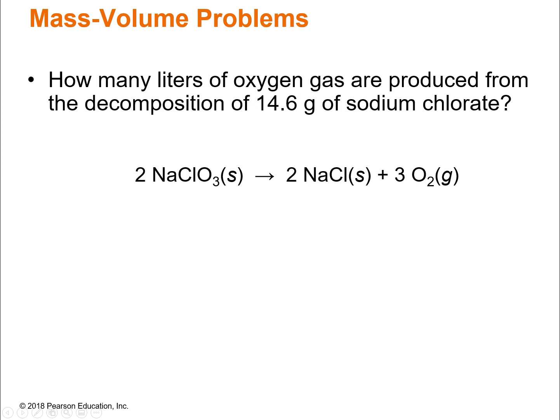How many liters of oxygen gas are produced from the decomposition of 14.6 grams of sodium chlorate? You will need to remember all the naming that we did in chapter 6, because in these equations, you're going to have all kinds of compounds. You'll need to remember how they're named and be able to identify them. So sodium chlorate, you'll need to know, is this compound.